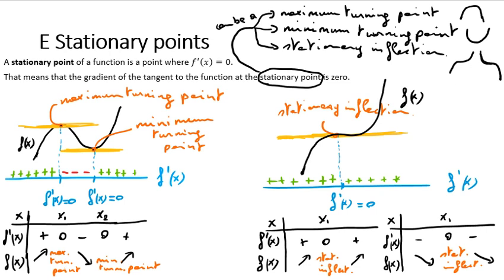Okay? Now we learn one more thing. We said here when the derivative of the function is positive, then f of x is increasing. When it's negative, then it's decreasing. Let's write that down.